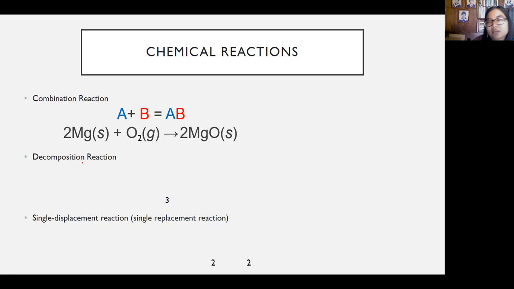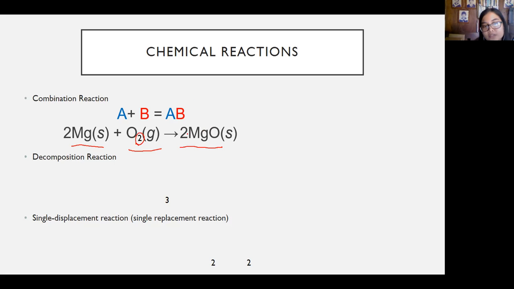So this means that the one molecule or the one compound will combine with the other reactant compound and magko-combine sila. So example here is the magnesium plus oxygen gas will produce magnesium oxide. So malalaman natin mamaya saan ba napunta tong 2, etc.